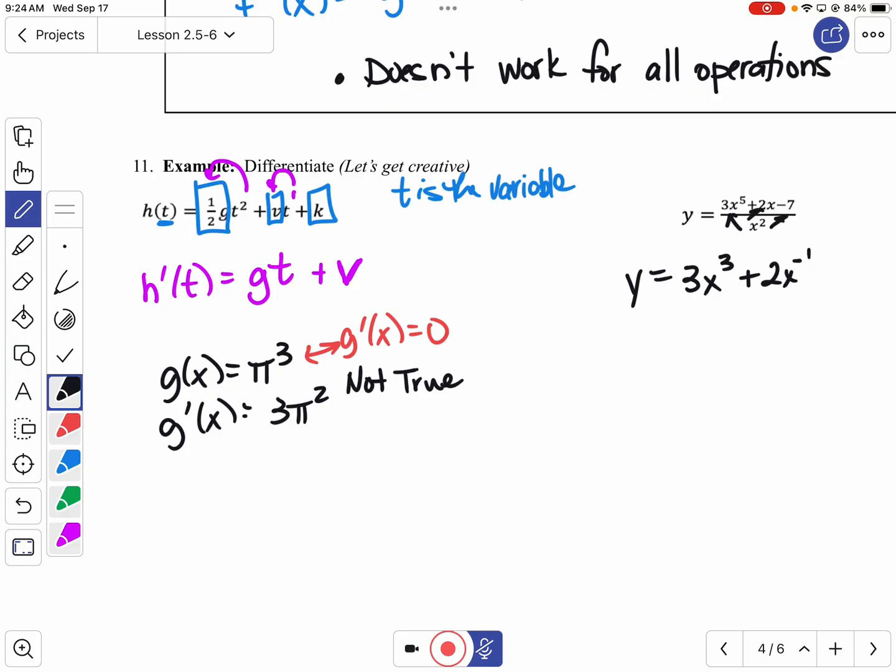Negative 7 divided by x squared is negative 7x to the negative 2. So just rewrite it as a power rule. Then y prime would be 9x squared minus 2x to the negative 2 plus 14x to the negative 3.